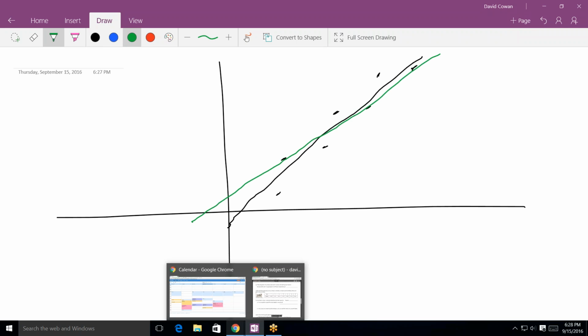But there's a very specific formula that your calculator uses, and it's based on the distance from the line of each of these points. And it's called a least squares fit. What they do is they take the distance from the line, they square that distance, they add it all up, and whichever line gives you the least number, that's the line you use.